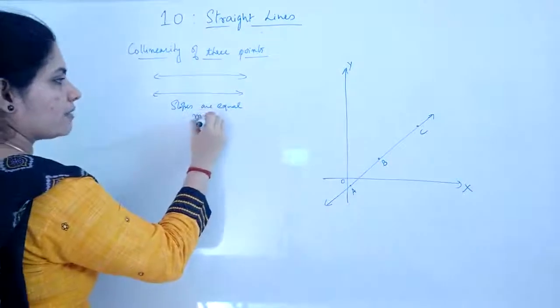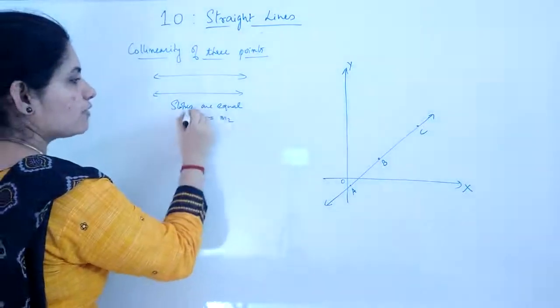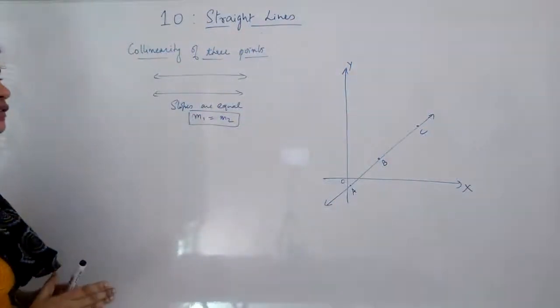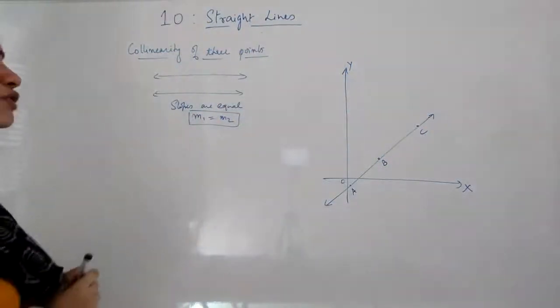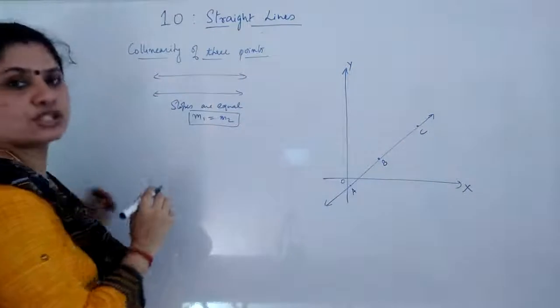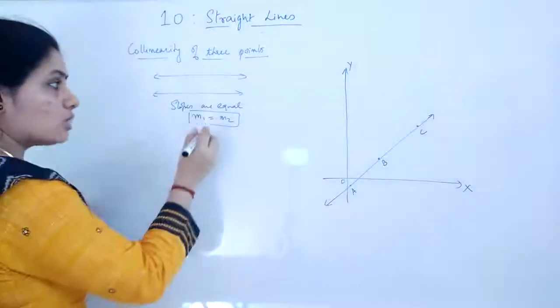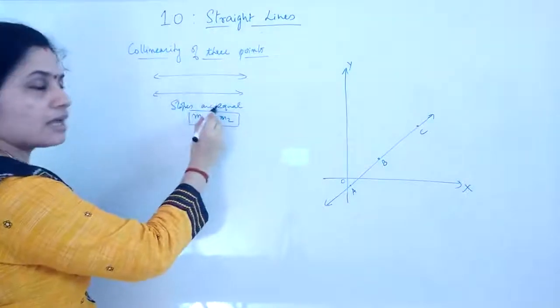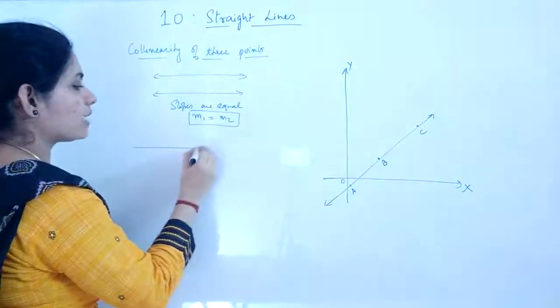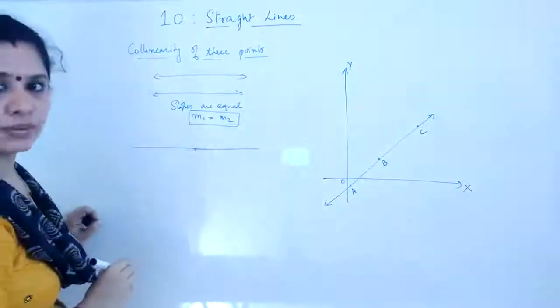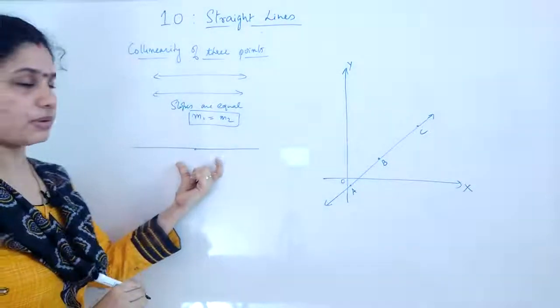That means you have m1 is equal to m2 if m1 and m2 are the slopes of the two lines, right? Now if I say that we have two lines with same slope and they are passing through a common point. Two lines with same slope means they are parallel. But I am saying that we have two lines with same slope with a common point. That is, they are passing through a common point.